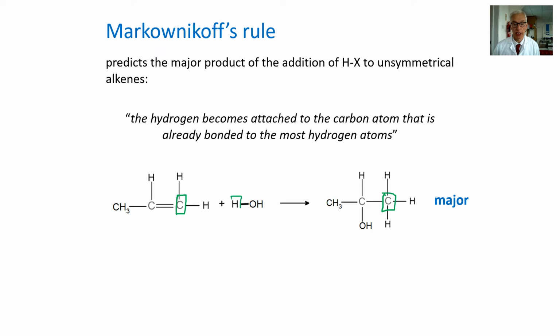So the hydrogen here has bonded to the carbon that already has the most hydrogen atoms as per Markovnikov's rule. So the hydroxyl group bonds to the other carbon. However, we may still get some of the other product, and we would call that the minor product. So Markovnikov's rule enables you to predict the major and the minor products.